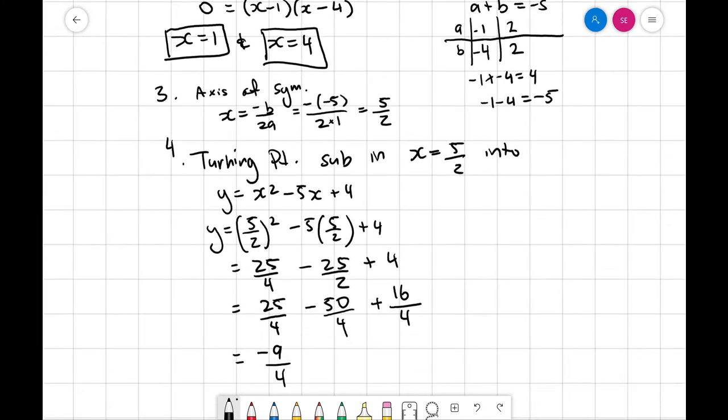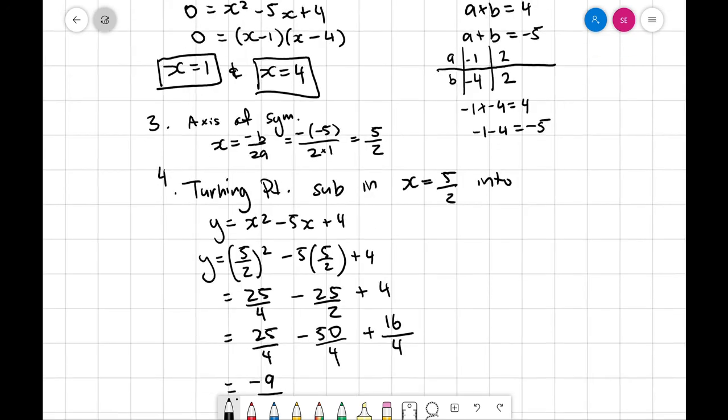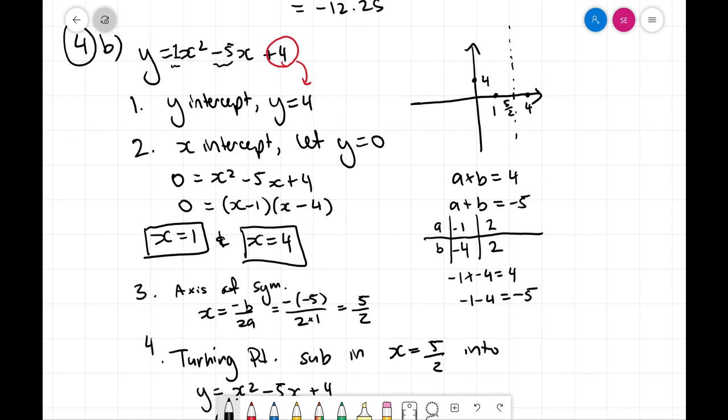Okay, so then we can go up here, because we know our turning point is going to be at 5 on 2 and minus 9 on 4. So let's go up here. We can draw minus 9 on 4 here. So it's going to turn here.